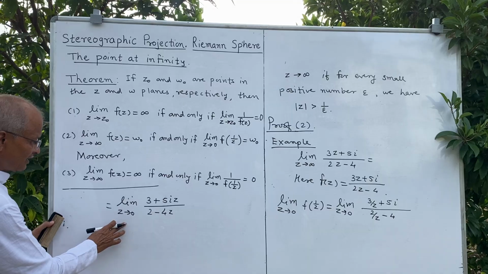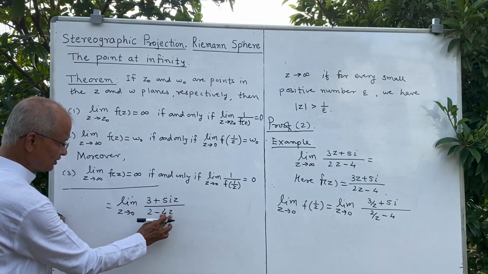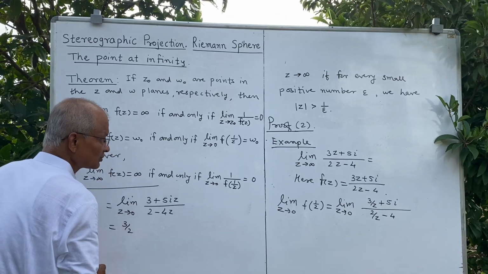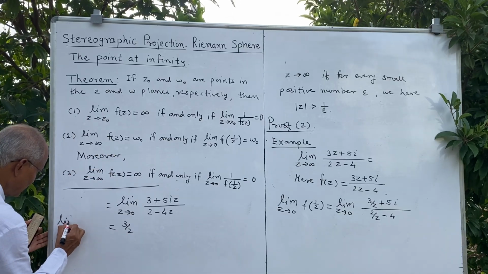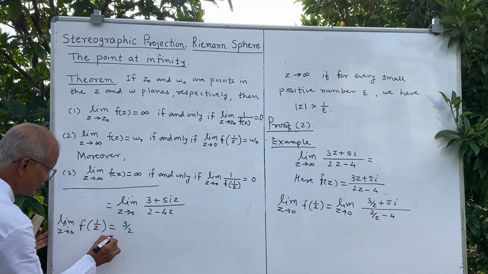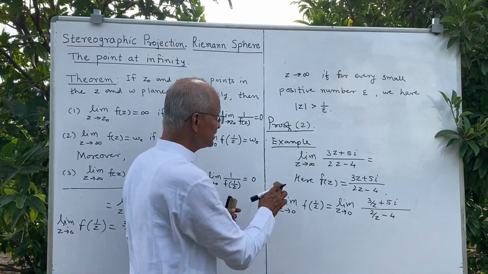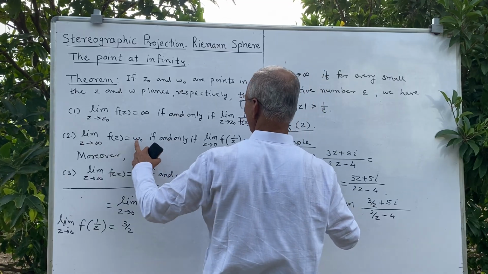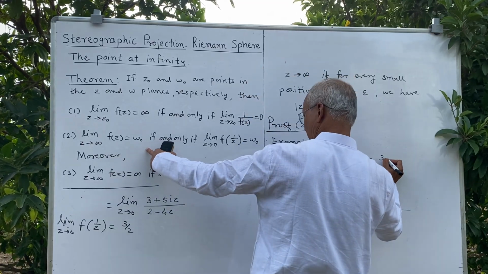As z tends to 0, this limit becomes 3 by 2. So, the limit z tends to 0 of f of 1 by z is 3 by 2, and therefore the limit z tends to infinity of f of z will also be 3 by 2.